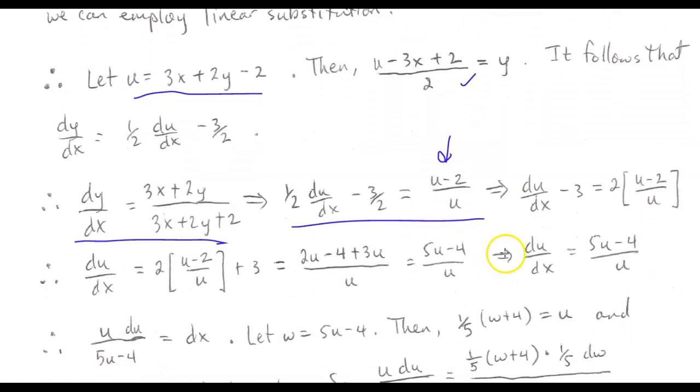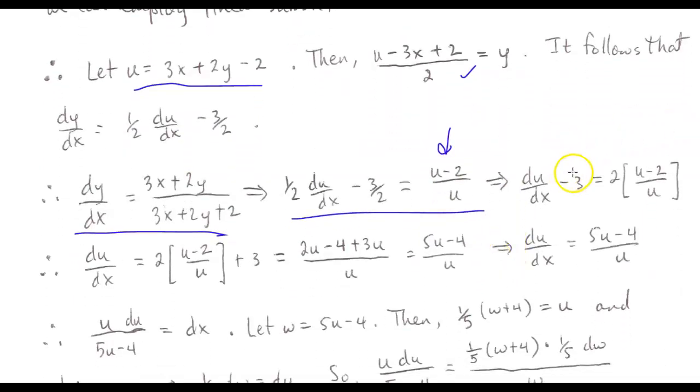So as you can see in these next few steps, this step I'm just multiplying both sides by 2 to get this. After that's done, I add 3 to both sides to get this step. And of course here I'm trying to clean up all this business on the right hand side here.